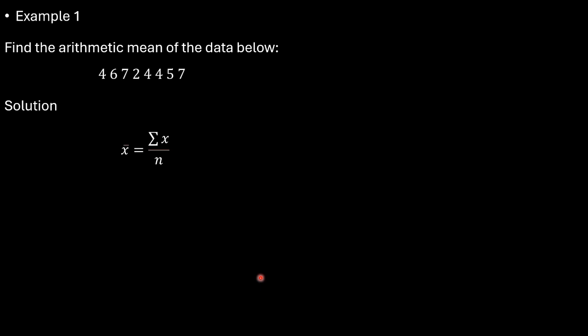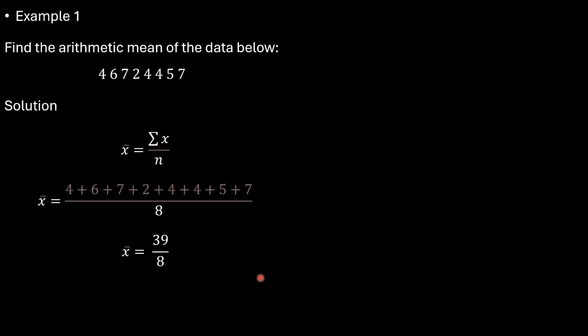Here, we add all the values together and divide by the number of values that we have, which is 8. Then x bar equals 39 over 8, and the answer is x bar equals 4.875. That means the mean of the data above is 4.875.